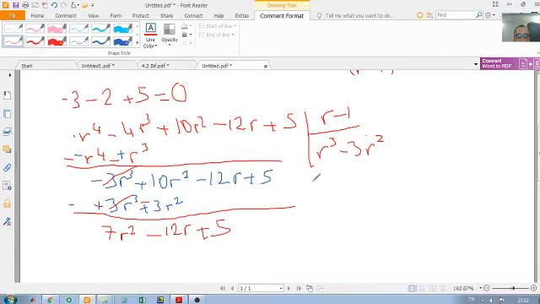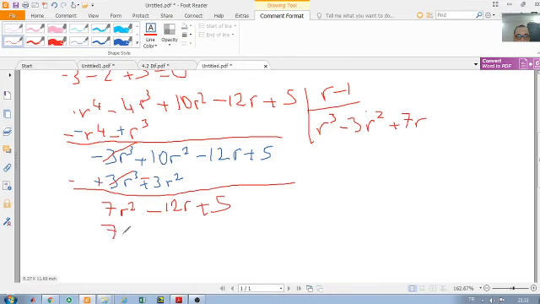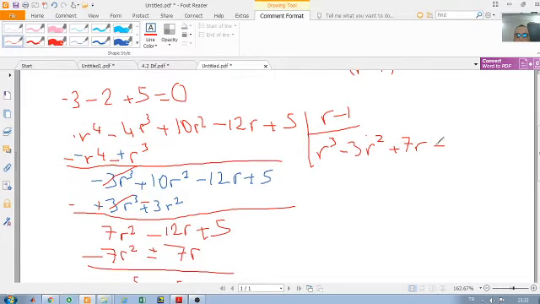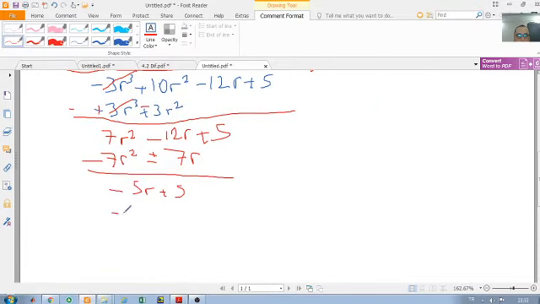And to get 7r squared, we multiply by 7r, so we have 7r squared minus 7r. When we apply the subtraction, this becomes plus minus 5r plus 5, and to get minus 5, we multiply r minus 1 by minus 5, so we have minus 5r plus 5.